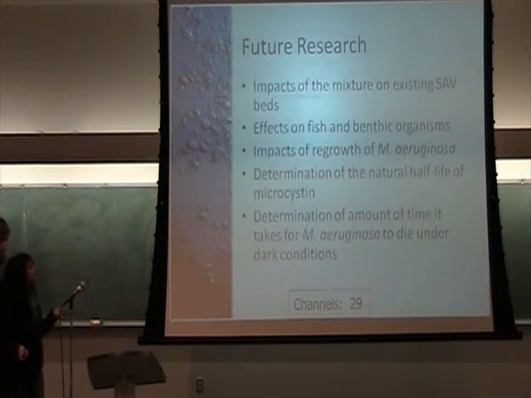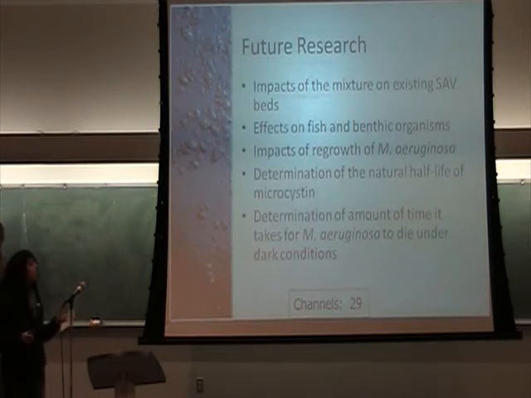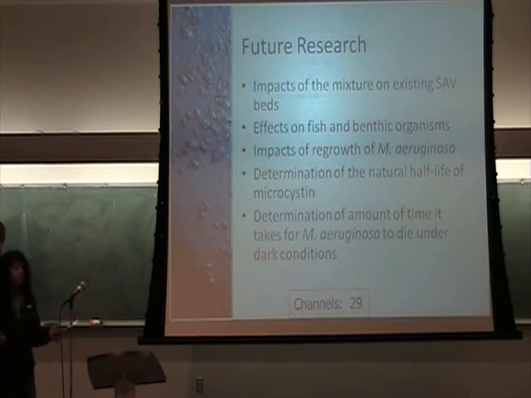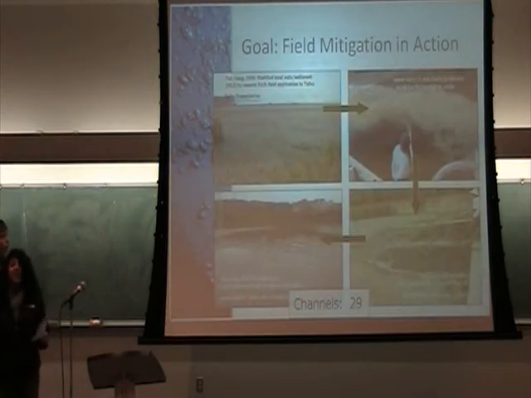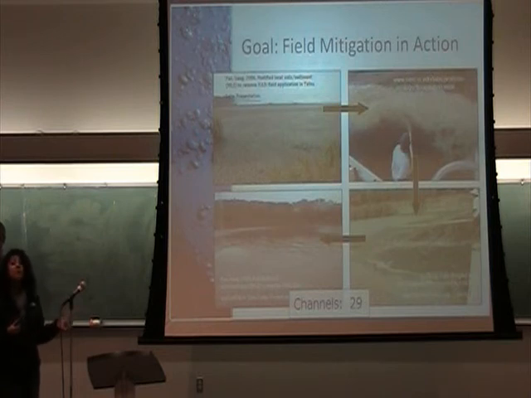With the SAV impacts group, they want to further look into the impacts of the mixture on existing SAV beds, the effects on fish and benthic organisms, impacts of regrowth of Microcystis aeruginosa, determination of the natural half-life of microcystin, and determination of the amount of time it takes for Microcystis aeruginosa to die under dark conditions. Lastly, our ultimate goal is for the state to adopt our mitigation technique and implement it so that they can use that to mitigate harmful algal blooms in Chesapeake Bay.